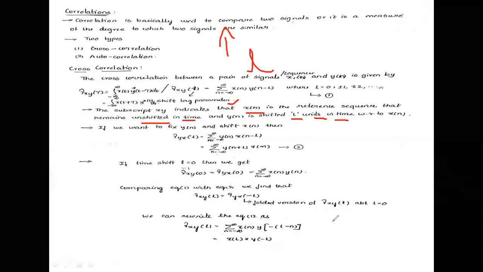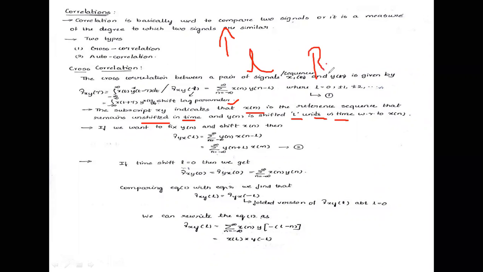Otherwise, both are not equal. So like convolution, the correlation does not obey the commutative property.